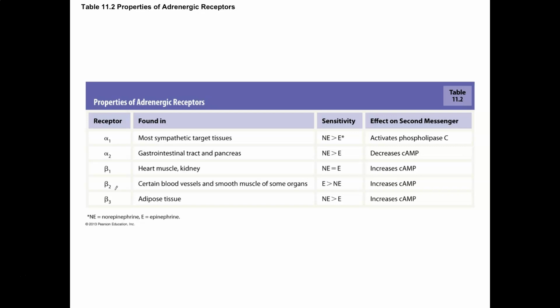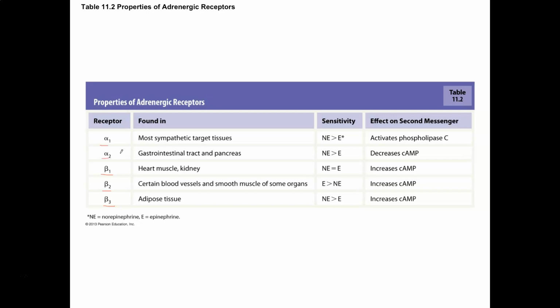If the same neurotransmitter can have varying effects in the body, it's obviously because of these different types of receptors. I already mentioned that there are the alpha receptors and the beta receptors, but you'll notice that there are various subtypes: alpha 1, alpha 2, beta 1, beta 2, beta 3. So we will see positive or negative effects throughout the body depending upon what type of receptor this chemical is actually binding to.